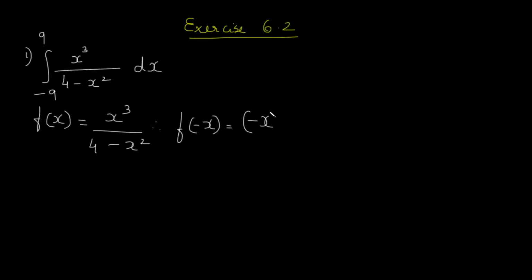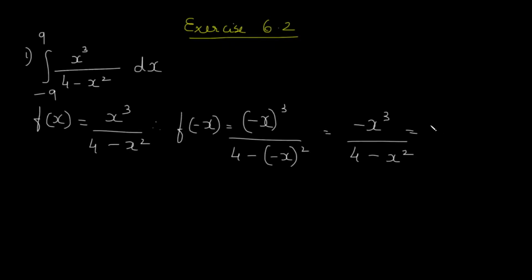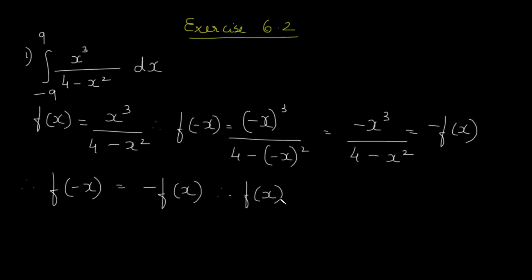So we get (-x)³ upon 4 - (-x)², which becomes -x³ upon 4 - x², which is actually the same as -f(x). And therefore, here we conclude that f(-x) is equal to -f(x), and therefore f(x) is an odd function.